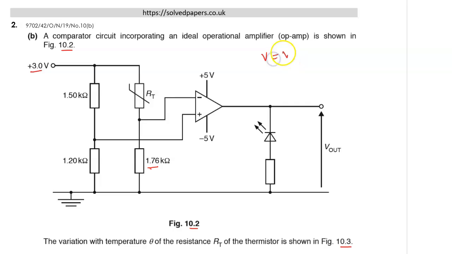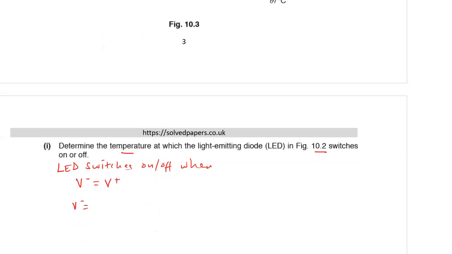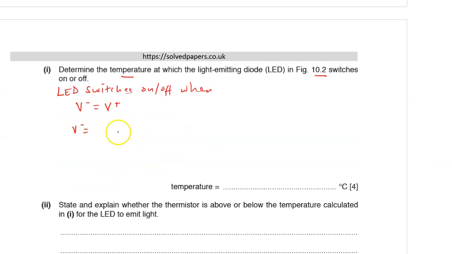V is equal to V in times RT over R1, let's call this one R1, R1 plus R2. Use that equation to find V minus. So then this will be 3 times 1.76 kilo ohm.